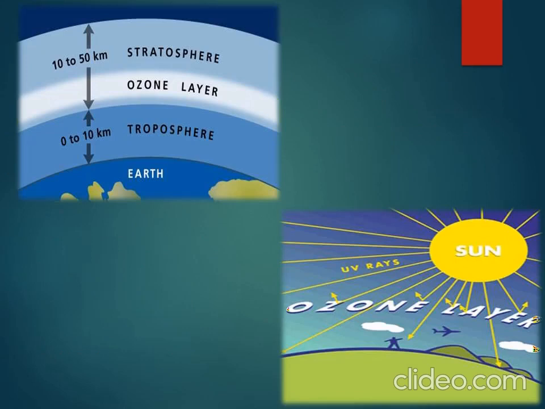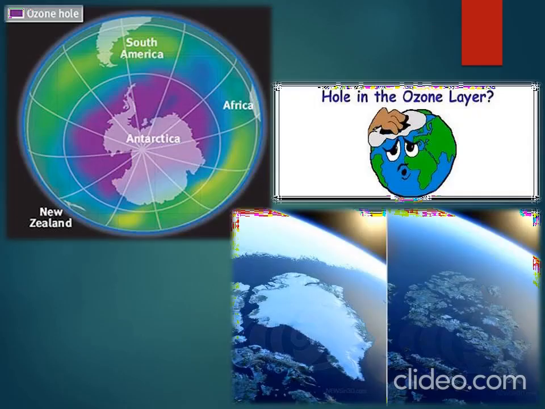Now this shows the different layers, and this is the stratosphere layer of the atmosphere, and this is the hole above Antarctica shown in the figure. This is the ozone hole, the purple one.